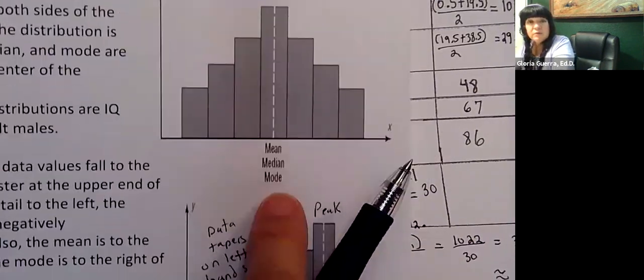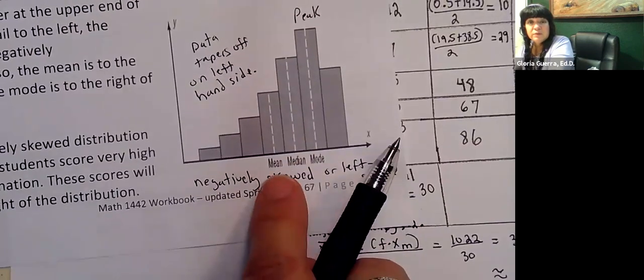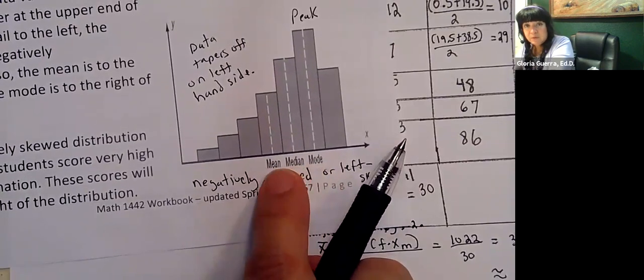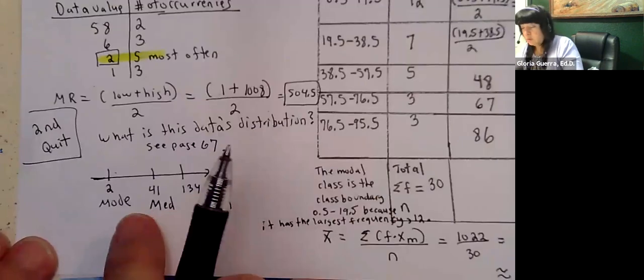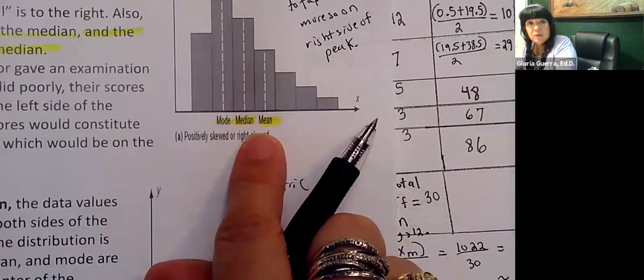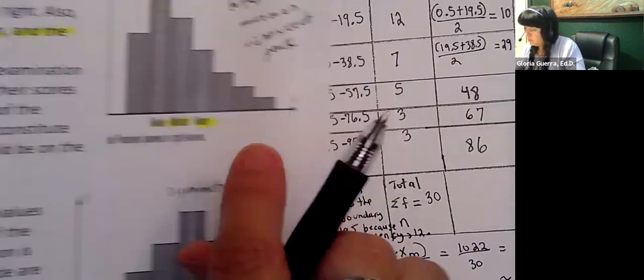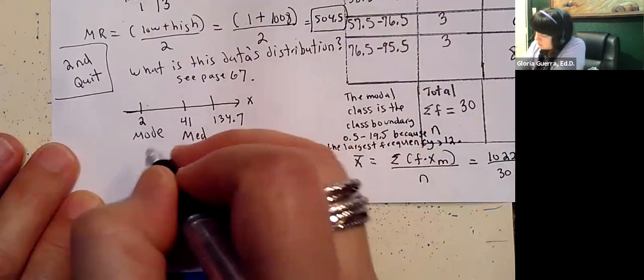It can't be these, they're not all the same, they're all different. And it can't be this one. Here it's mean, median, and mode. So the median's always in the middle, but it says mean. We're starting off with mode. So it's this one, mode, median, and mean. So this is positively skewed, right skewed. So what's the status distribution?